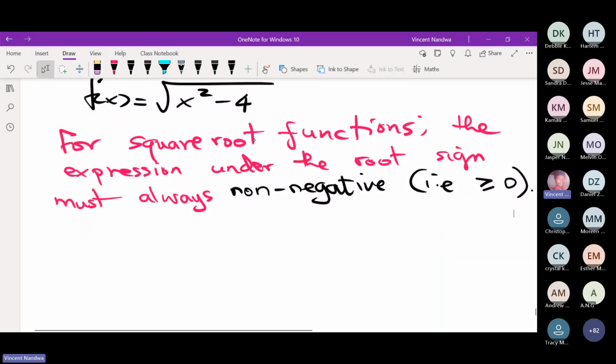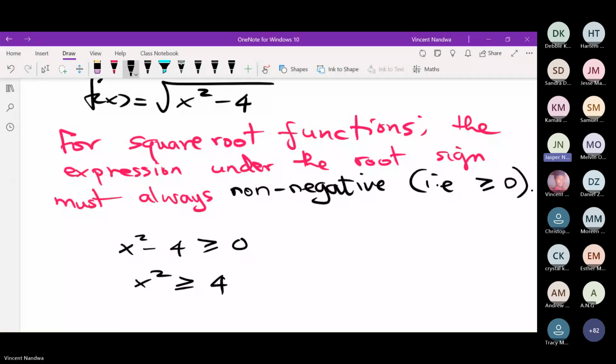So you will say for this to be defined, x squared minus 4 must be greater than or equal to 0. And this means x squared must be greater than or equal to 4. If I assume equality, which values of x satisfy the equal sign?